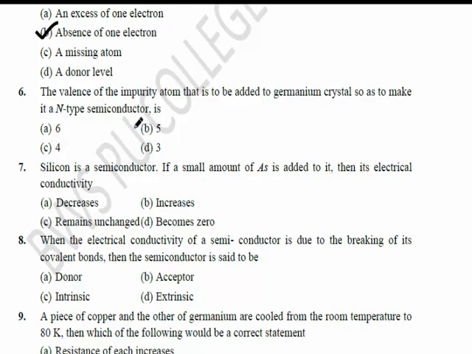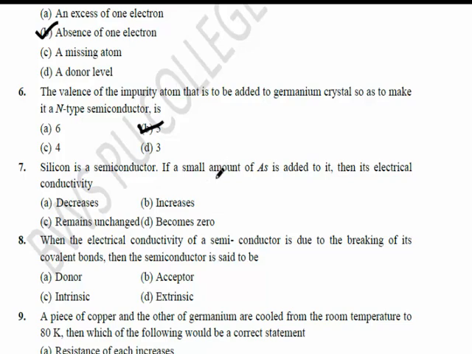Pentavalent impurity atom means, which one is the correct option? Fifth one, 5 valence electrons, that is B. B is the correct option. Okay, because pentavalent impurity. After this, seventh one, silicon is a semiconductor.